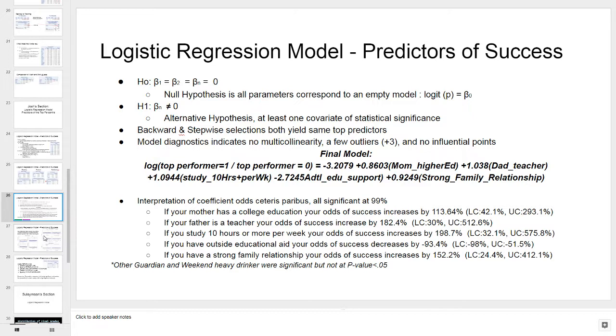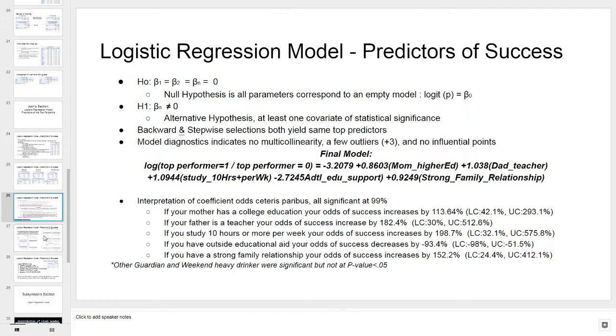One is pretty obvious, I suppose. If you study 10 hours plus per week, you will see the greatest increase in odds of success, actually, by 198%, according to this model. And then there's a negative one for additional education support, and this is outside educational aid. My understanding, looking at the data, is that this is if the student is receiving some kind of financial aid or outside support.